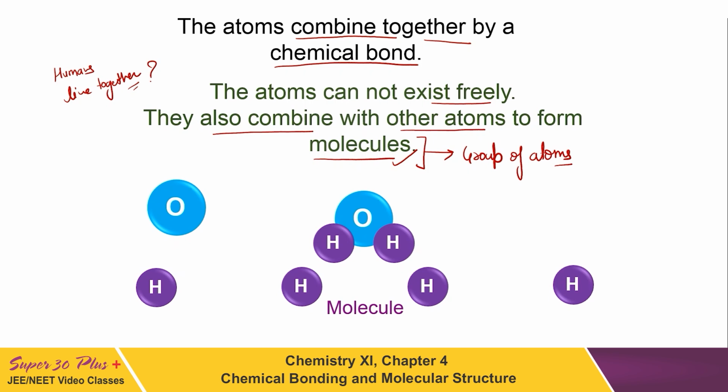Now you see in this example, the oxygen atom and hydrogen atom form a molecule, which is a water molecule, in which there is a bond between oxygen and hydrogen, and another bond between the oxygen and the other hydrogen. These bonds exist between oxygen and two different hydrogens. So this is why we form the bond.